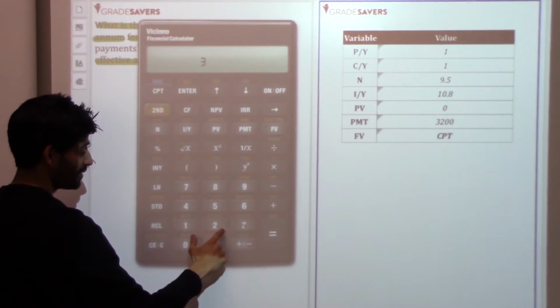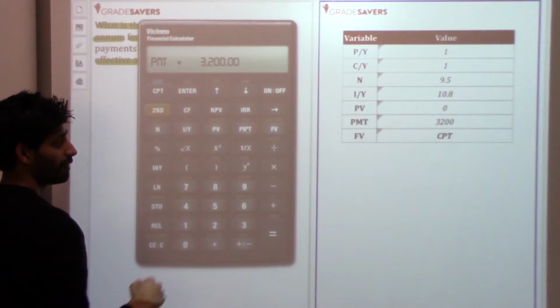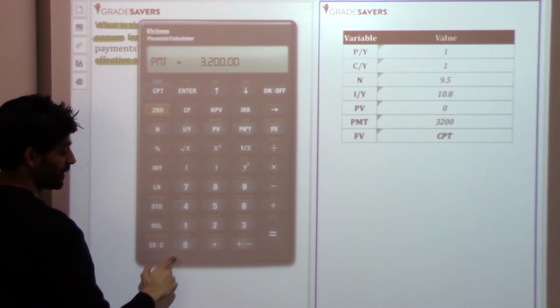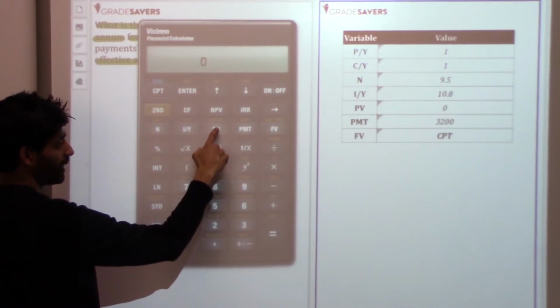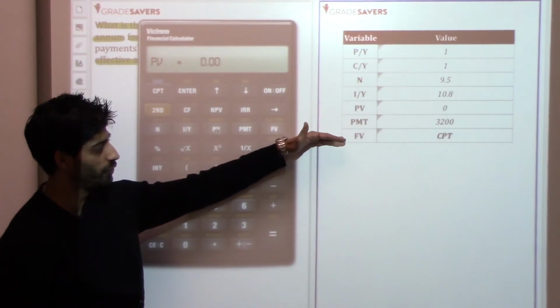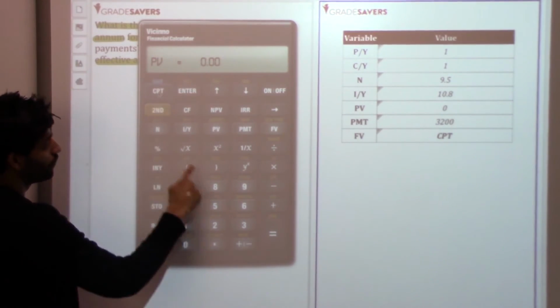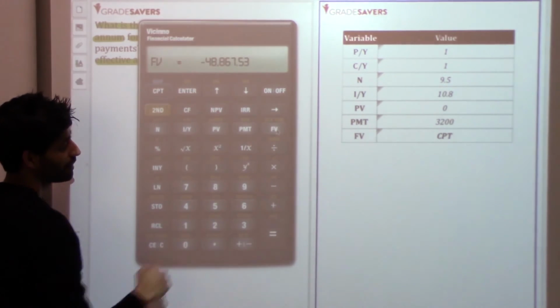If I want the payment to be 3,200, I will press 3,200 followed by payment. Perhaps 0 followed by present value. And now since we want to compute the future value, we're simply going to press compute followed by FV.